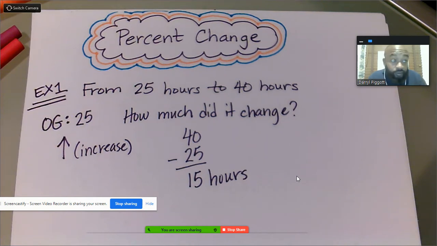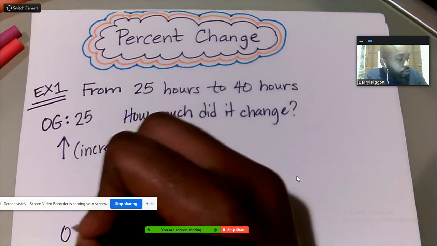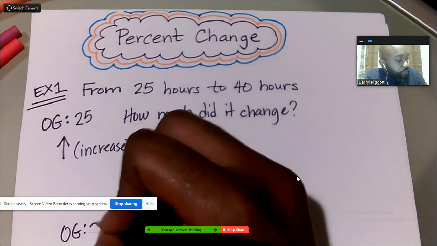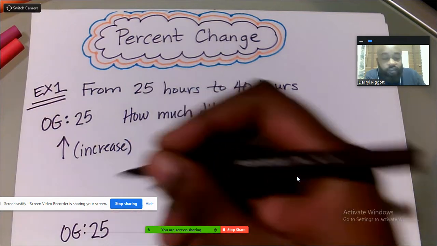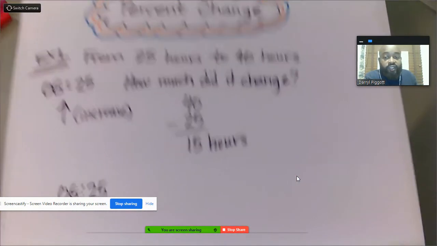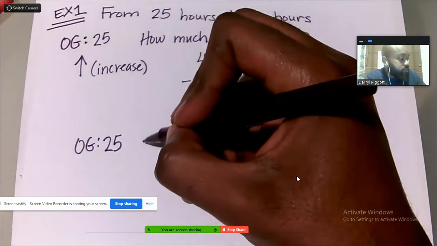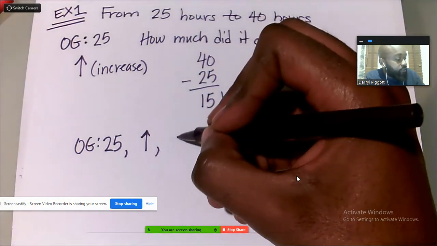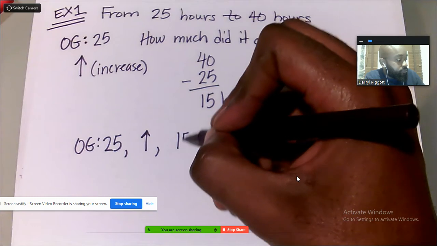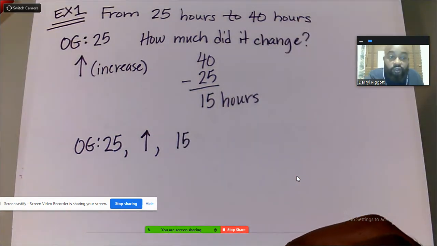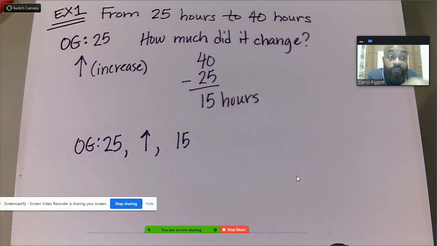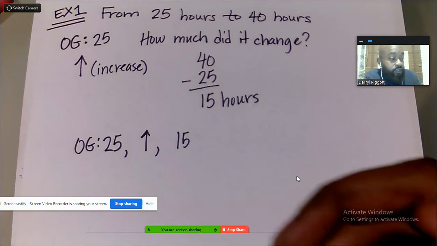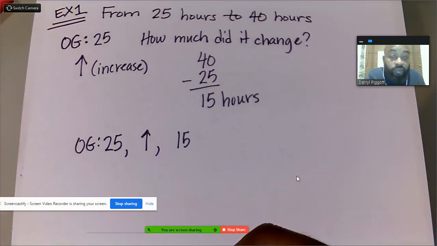So now we have a situation where our OG was 25, started with 25 hours. This thing is about to increase and increase by 15. And so the question is, what's the percent change? This becomes an is over of problem.